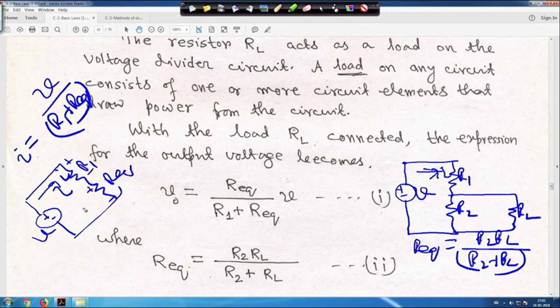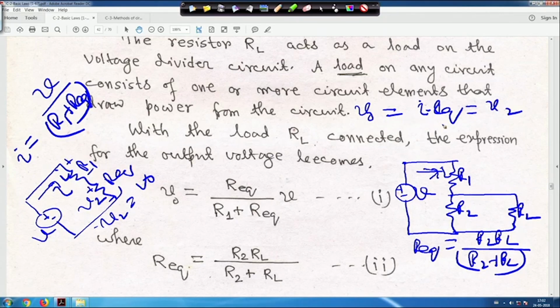So V2 is equal to V0, and therefore V0, equal to V2, is equal to I into Req, because this I current is flowing here.